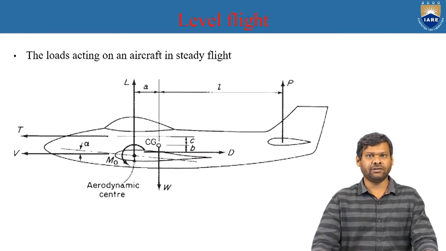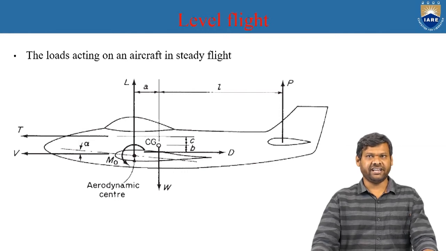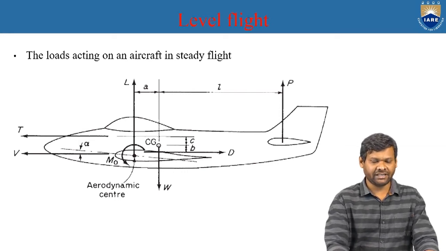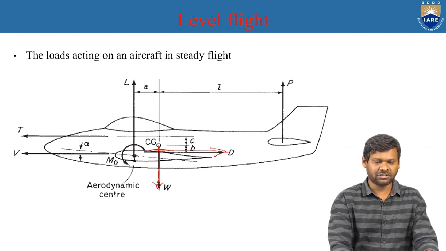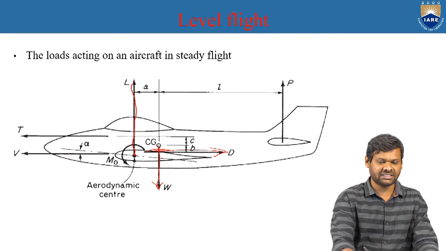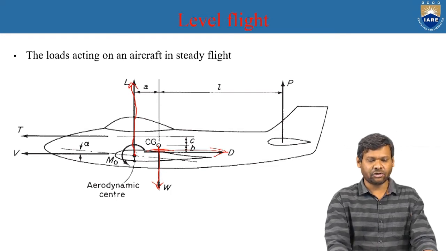When you clearly look into the level flight diagram, we have a weight which is acting along the center of gravity, and the drag is acting along this direction. The most important thing we need to discuss is the lift force which is acting at the aerodynamic center, and the moment about the aerodynamic center is given as M naught.